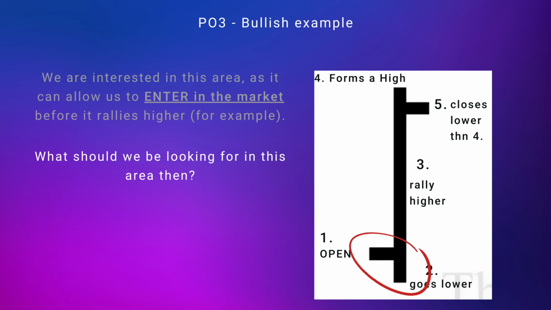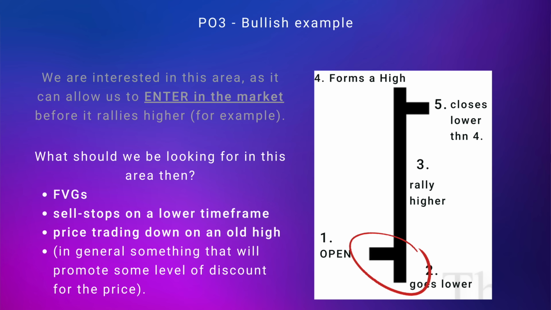So what should we be looking for in this area between number one and number two? Usually we should be looking for fair value gaps, sell stops on a lower time frame, price trading down on an old high, and in general something that will promote some level of discount for the price so that we can enter there and then rally higher.